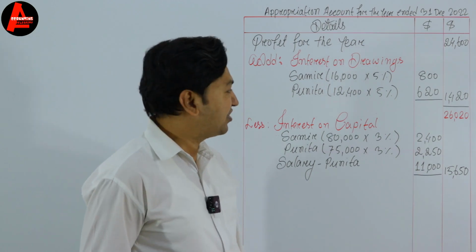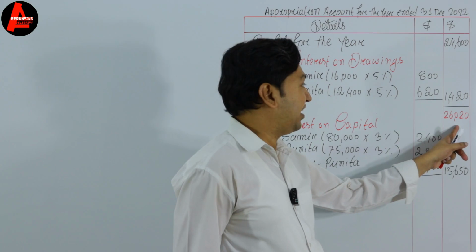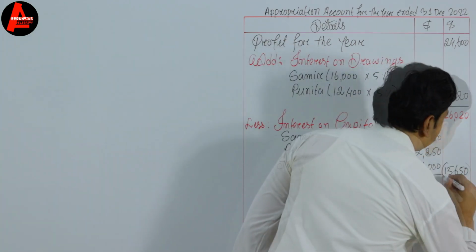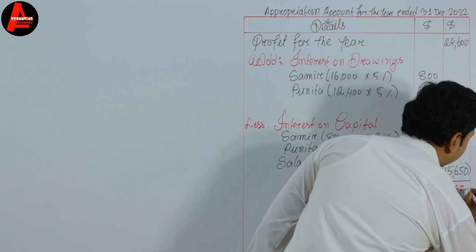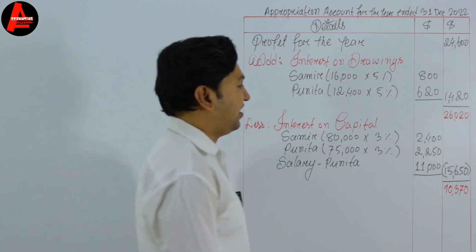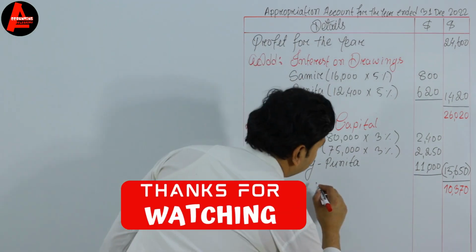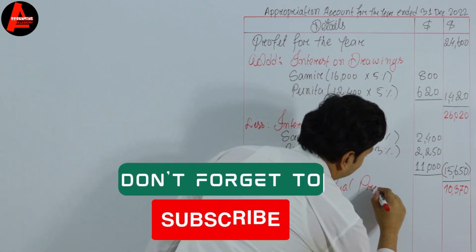Okay, now what to do? Now we will subtract this expense from this total income. So here, if we subtract, we get $10,370. Okay, so this is our residual profit. So let us write here residual profit.